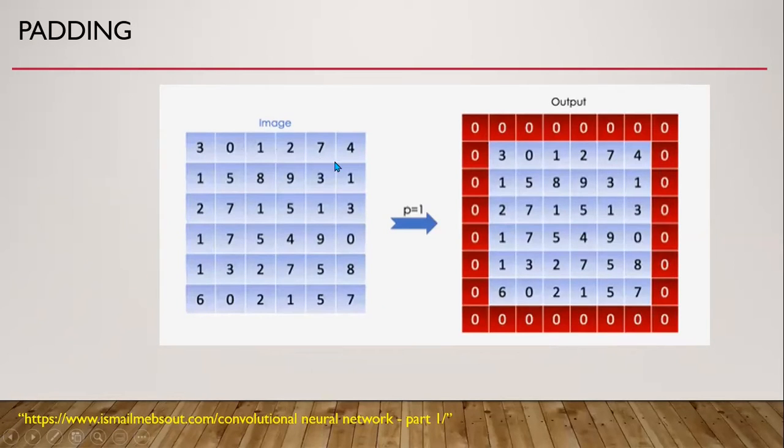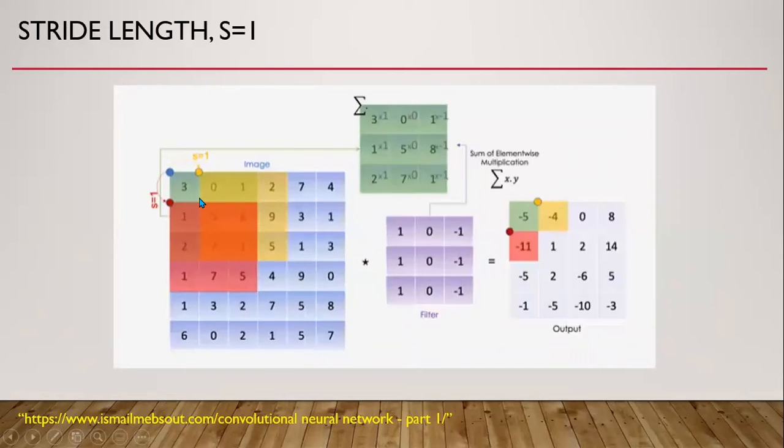In order to get the representation of pixels on the edge, we can pad our image, and this hyperparameter p, if it is set to 1, then we have a padding of a single pixel around the image. And it may be p equal to 2 for 2 pixels around our image. Then there is a concept of stride length.